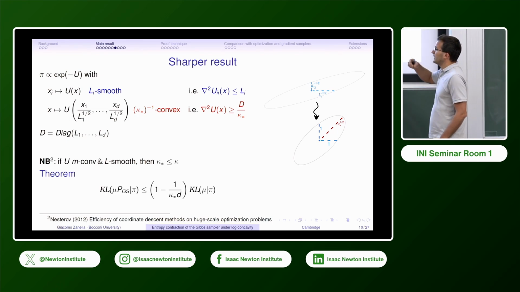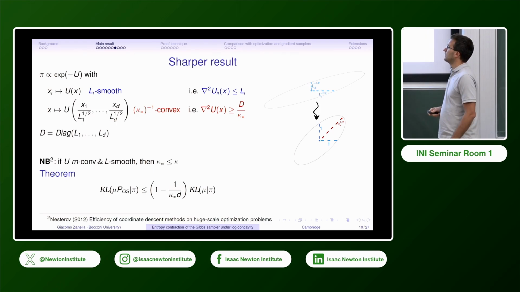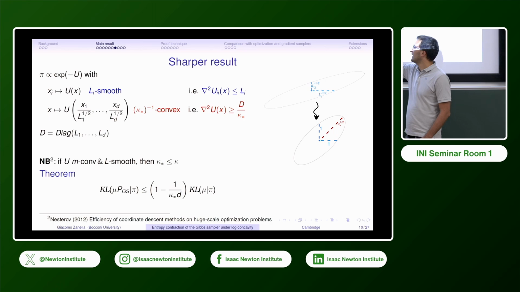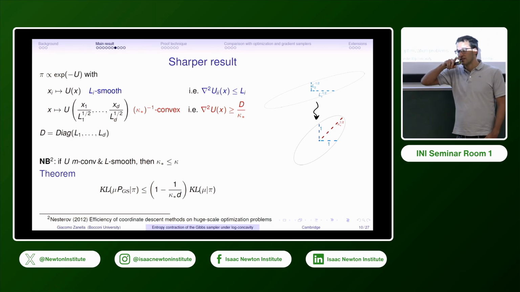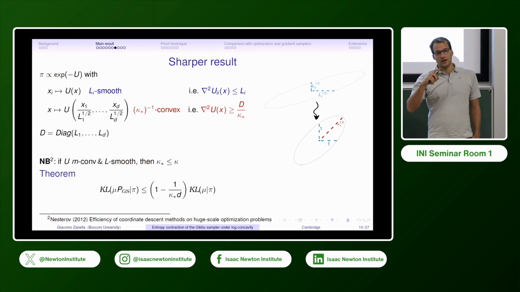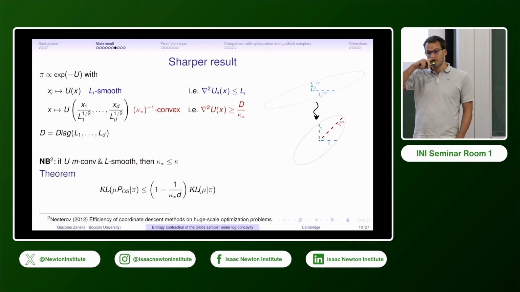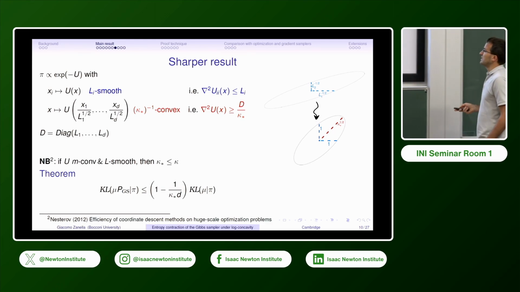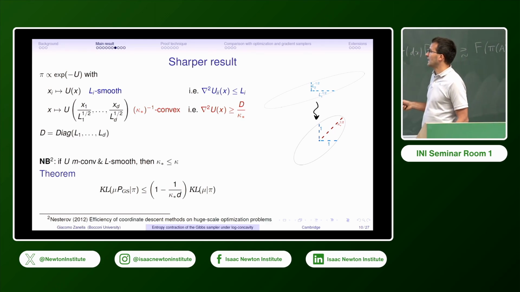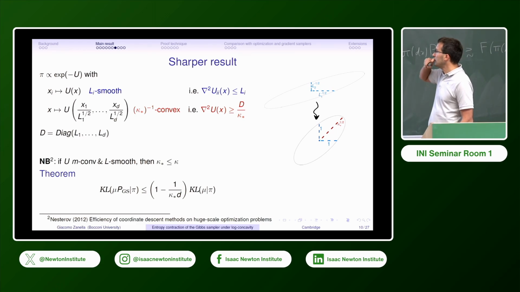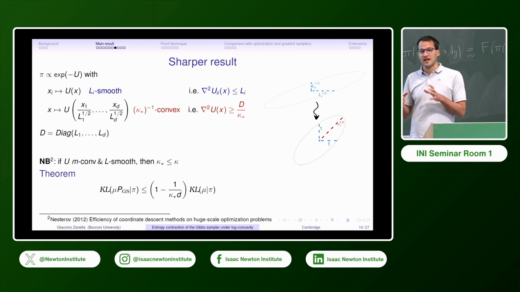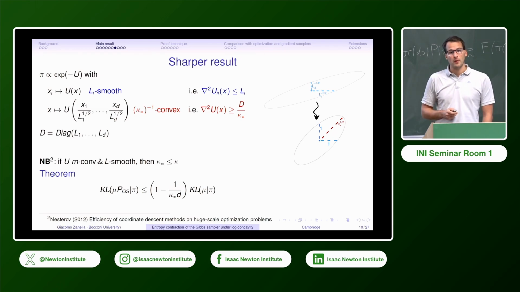And the main result, of which the other is a corollary, is that if you have this assumption, then the Gibbs operator is a contraction with rate 1 minus 1 over kappa star d. As I said, this implies the same result with 1 minus 1 over kappa d, but it's in general sharper because it takes into account the coordinate-wise structure of the problem.